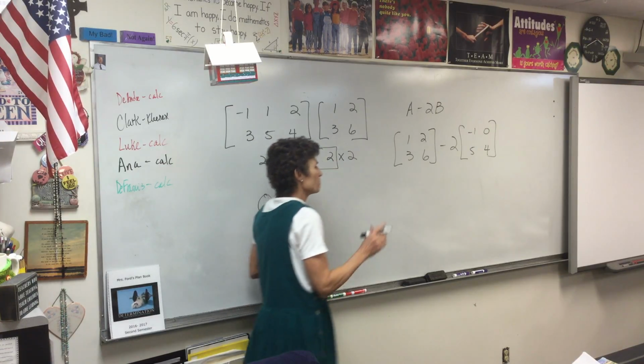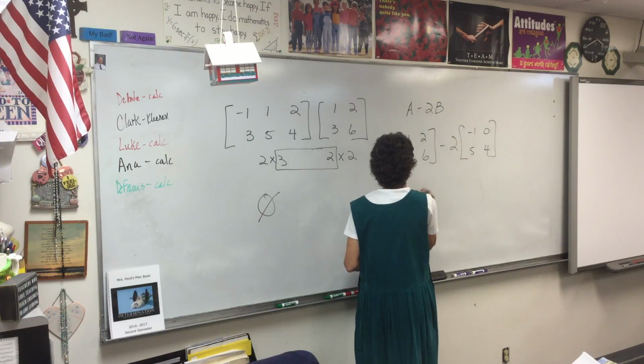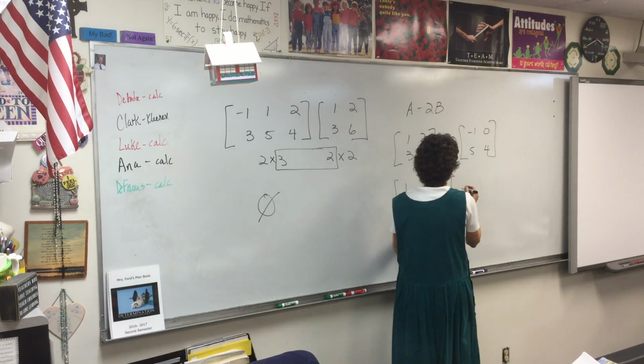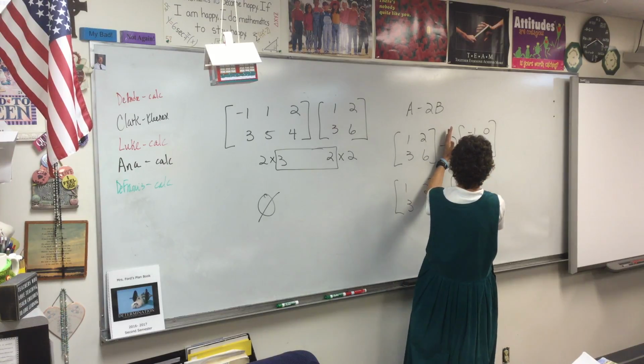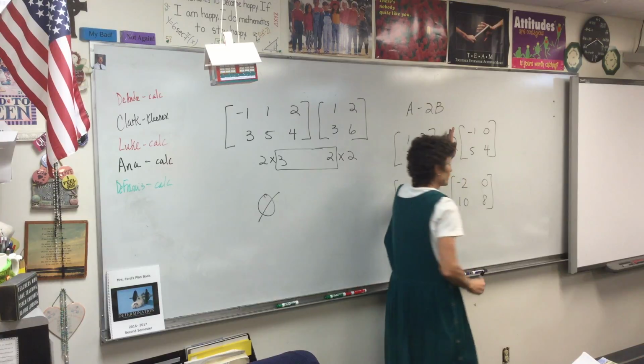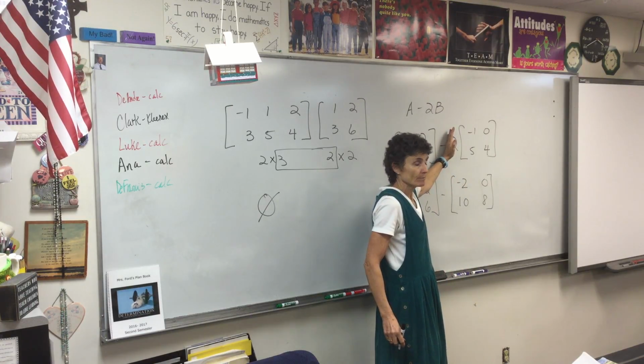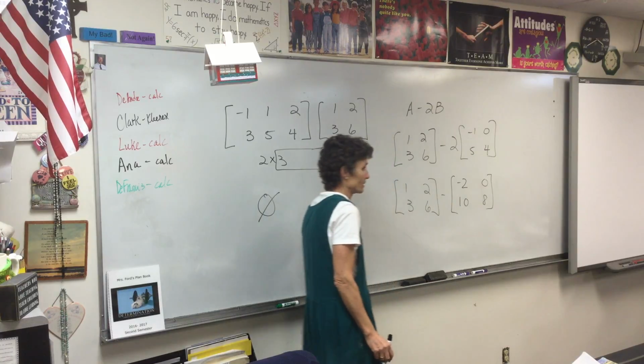So here we go. Probably the first thing we'd want to do is distribute that 2. So I'm multiplying, so it'd be -2, 0, 10, and 8. I'm just distributing the 2. Now I'm going to subtract those.